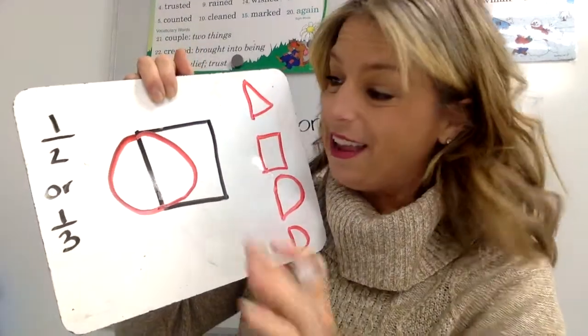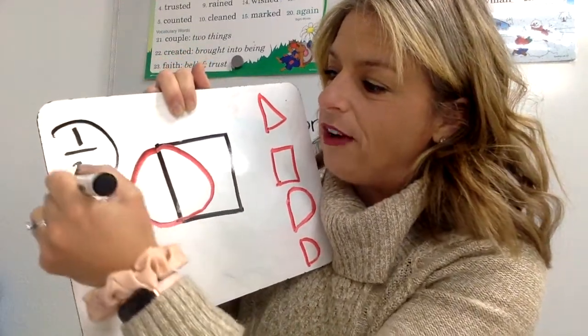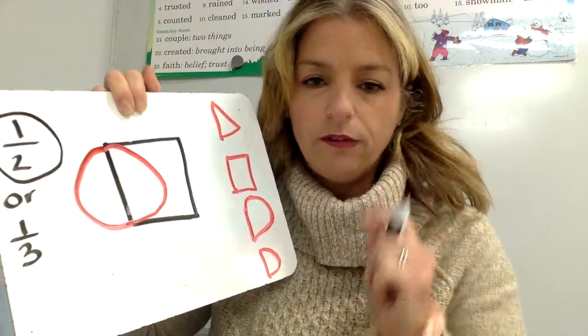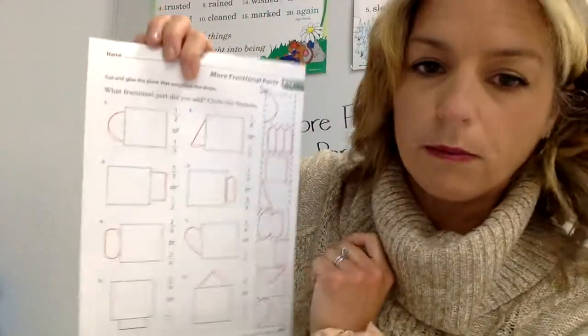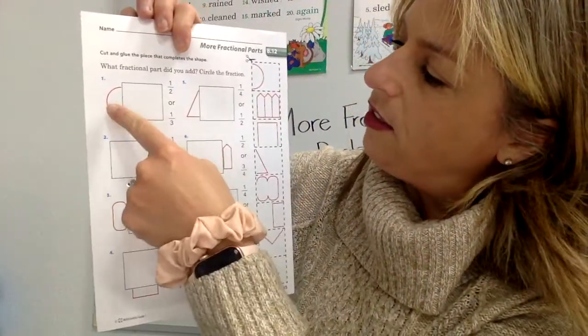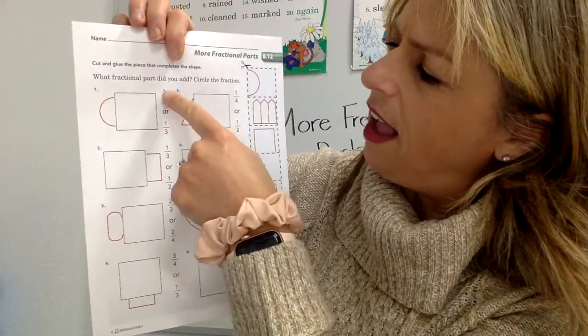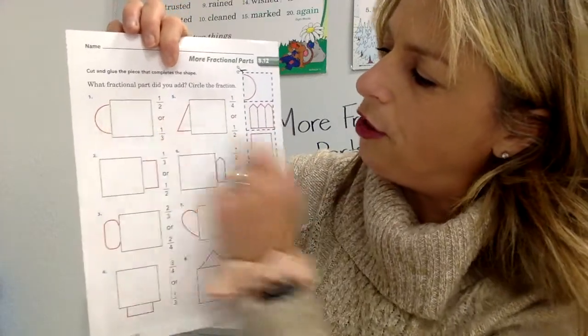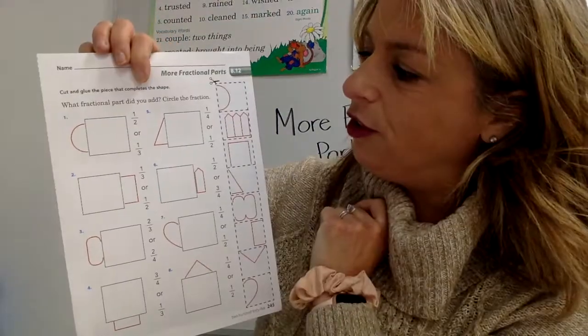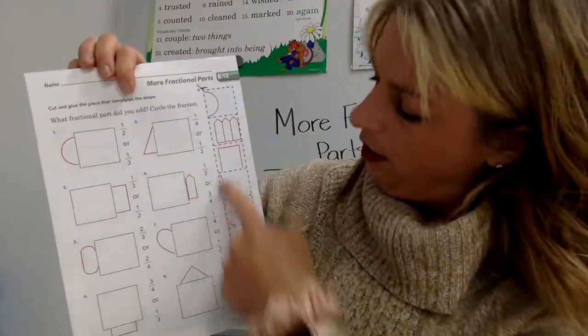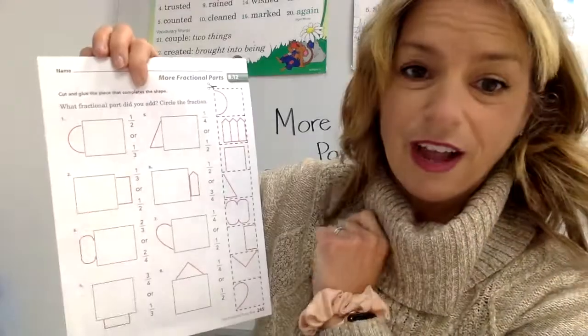Yes, that is 1/2 of the circle. So you have two parts to your worksheet. The first part is for question number 1. You're going to have to see, is this half of a circle or 1/3 of a circle? Well, you're going to circle 1/2 of the circle.